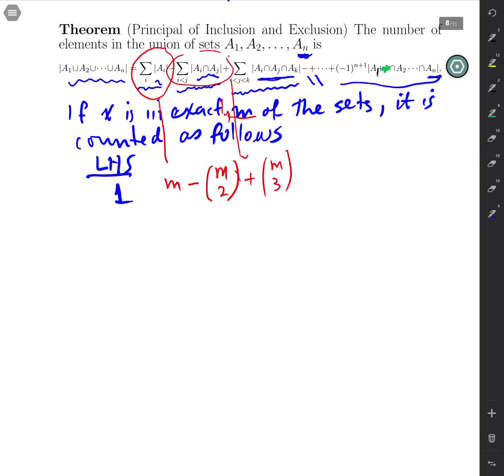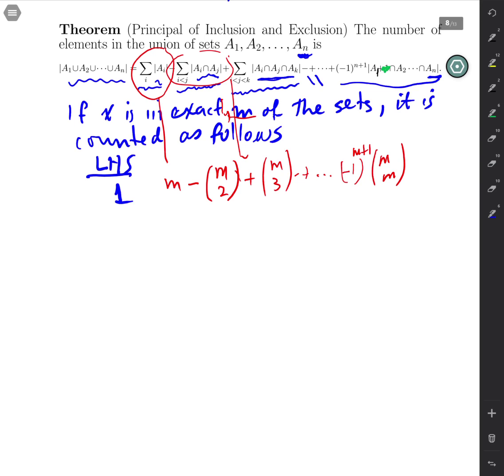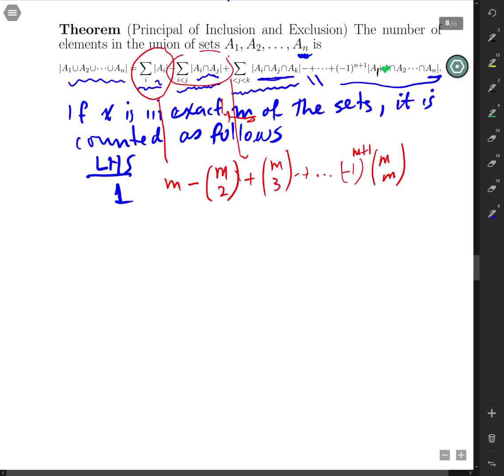And then it's minus plus out to minus 1 to the m plus 1, and this would be m choose m of the sets it lies in. We don't care what happens beyond that. It's not in any intersection of more than m of the sets, because it is in exactly m of those sets. So that's what we get on that side.